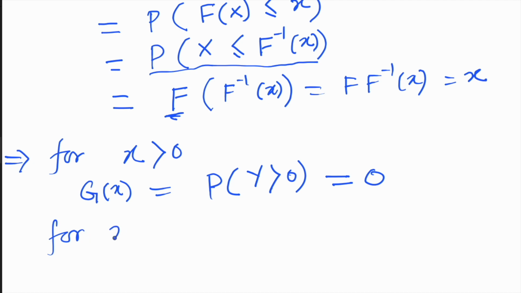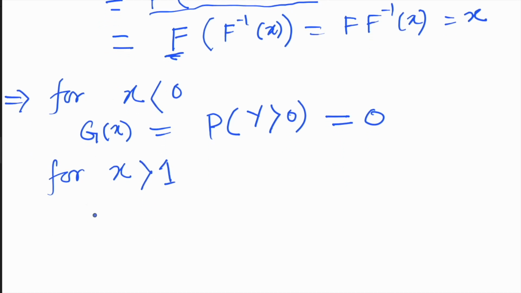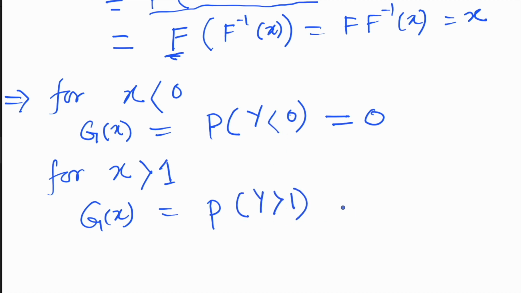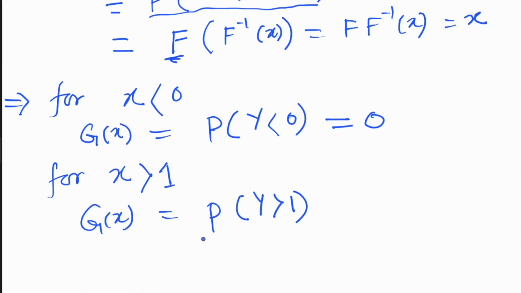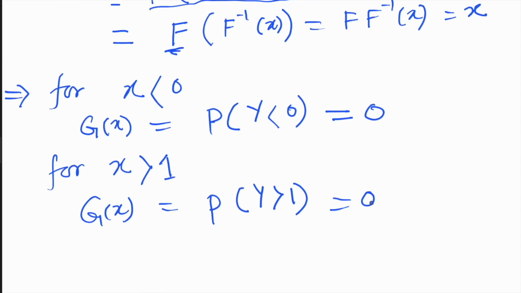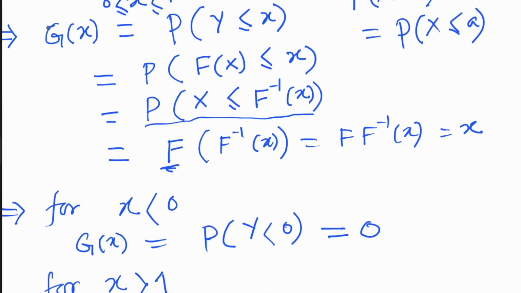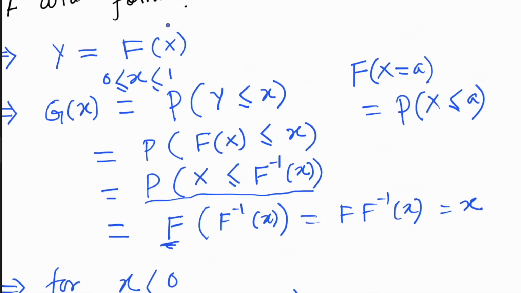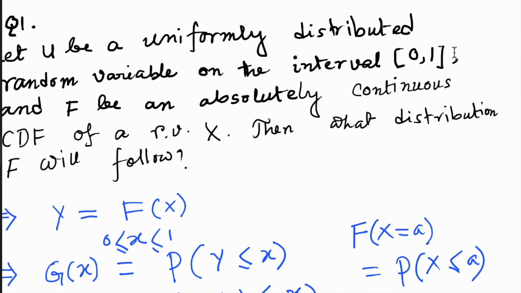Sorry, this is not x greater than 0, this is x less than 0. And for x greater than 1, G(x) equals the probability that Y is greater than 1. This is also not possible, since the cumulative distribution function should lie between 0 and 1, so this is also 0. Now we get that the cumulative function of this variable F(X) is the same as the uniform distribution.